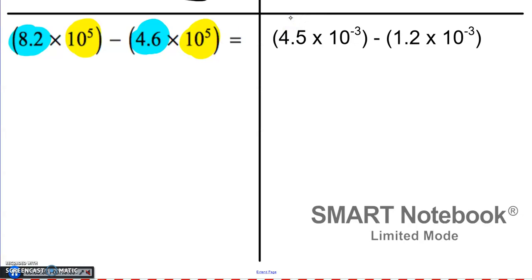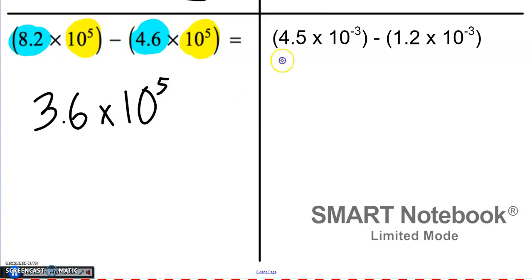When we do that, 8.2 minus 4.6 is going to give us 3.6 times 10 to the fifth. And again, let me just highlight for you. 3.6 came from 8.2 minus 4.6, and 10 to the fifth was the common power of 10. All right, let's move over to the right-hand side now.